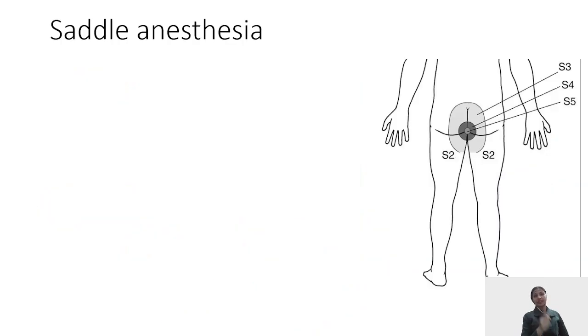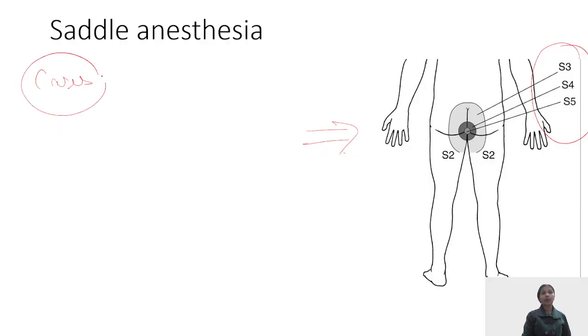This is the saddle anesthesia I've already told you about. Saddle anesthesia is only for perineal surgery. It's going to block S2 to S5 levels. Saddle anesthesia becomes very important because certain cases come in the exam. For example, a patient with coronary artery disease has been posted for hemorrhoidectomy.